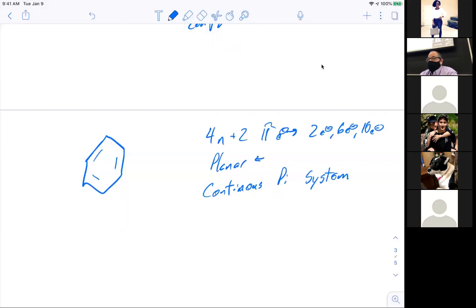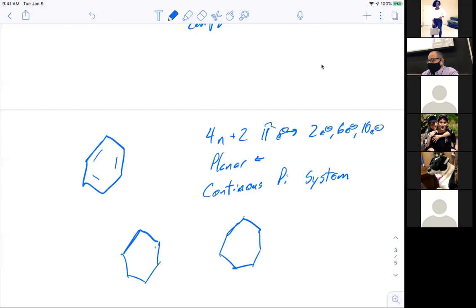Planar, right? If it's not planar, it's not going to be a continuous pi system, because if we went to an orthogonal arrangement, you're not going to have any overlap. So it has to be planar for that overlap. Positive charges can help. I have a hard time drawing sevens.